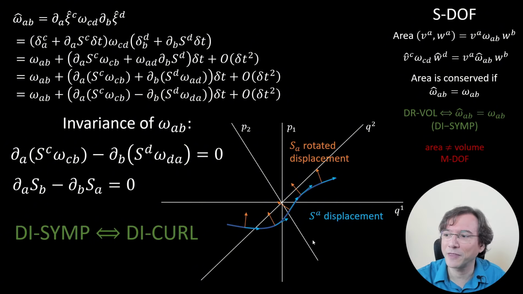And so one of the things that we had seen for a single degree of freedom was that this omega, if we give it two vectors instead of one, and we use it as a sort of product, had the geometrical meaning of calculating the area. And so if the area were conserved, then it meant that this omega during the evolution remains the same metric.